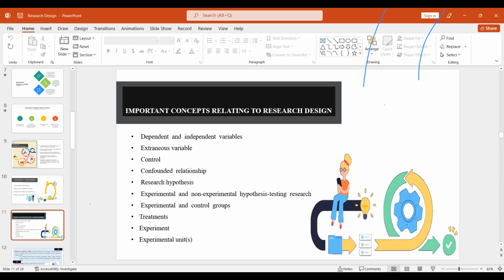If one variable depends upon or is a consequence of other variables, it is termed a dependent variable. In simple words, the dependent variable is the variable that we study, and the independent variable is the variable in which we examine the influence of certain variables on the dependent variable.